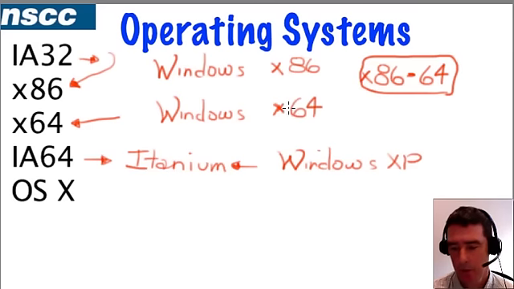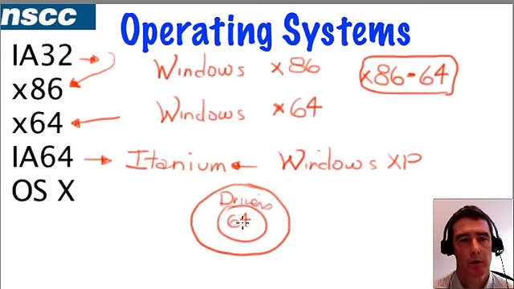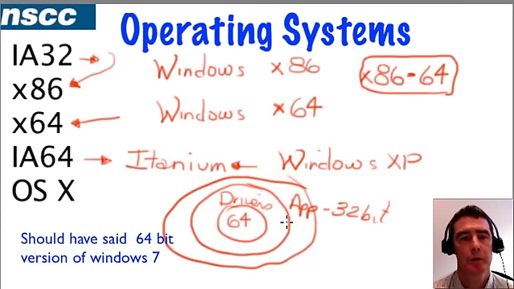Now the problem here becomes when you have a 64-bit. If you're running Windows that's running 64-bit, all your drivers have to also be 64-bit drivers. Your applications, they can be 32-bit. So if you have installed a 32-bit version of Windows 7, you can often run your 32-bit applications.